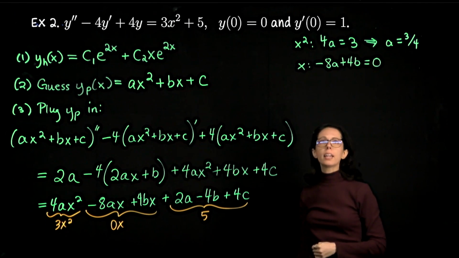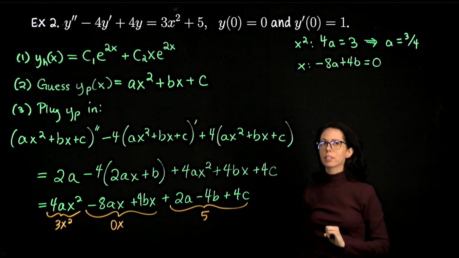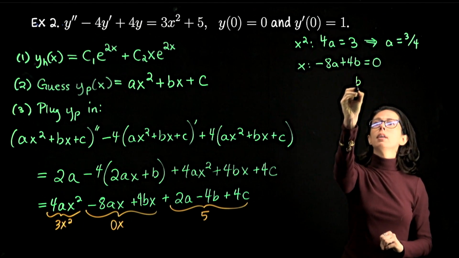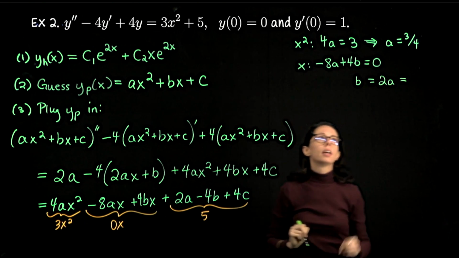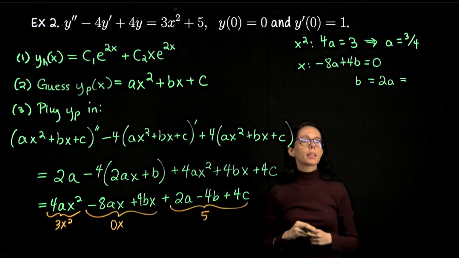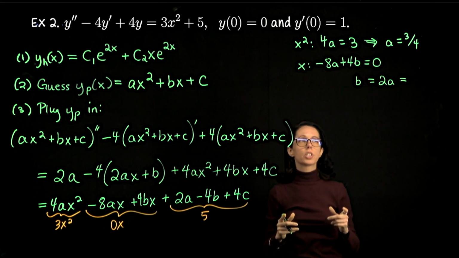Let me move 8a to the other side and simultaneously divide by 4 so that b is 2a. A is 3/4. That makes b 6/4, which is 3/2.